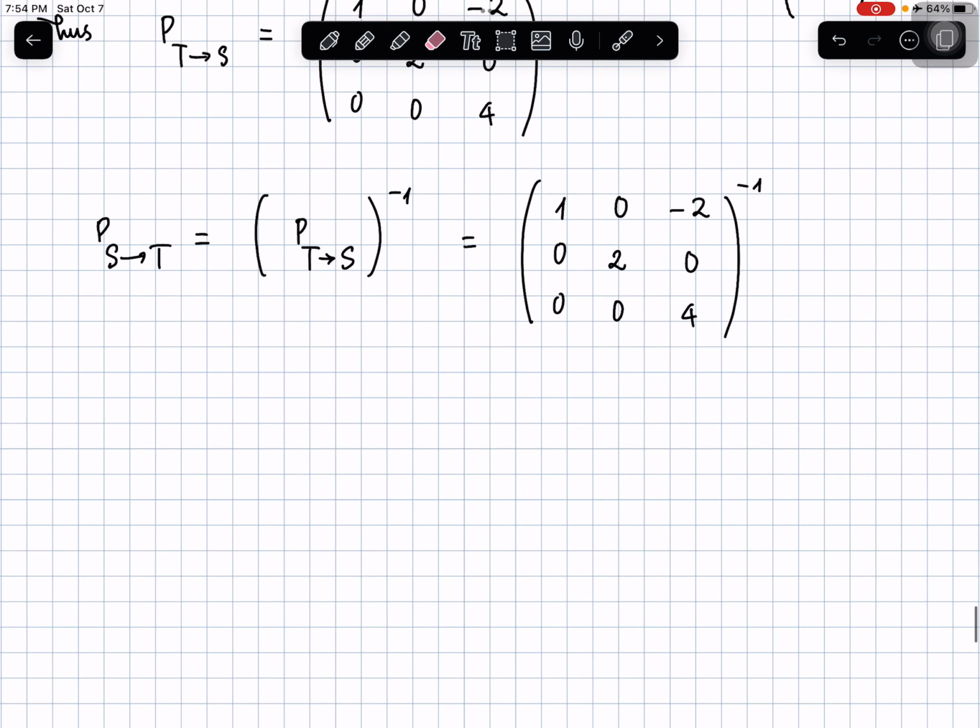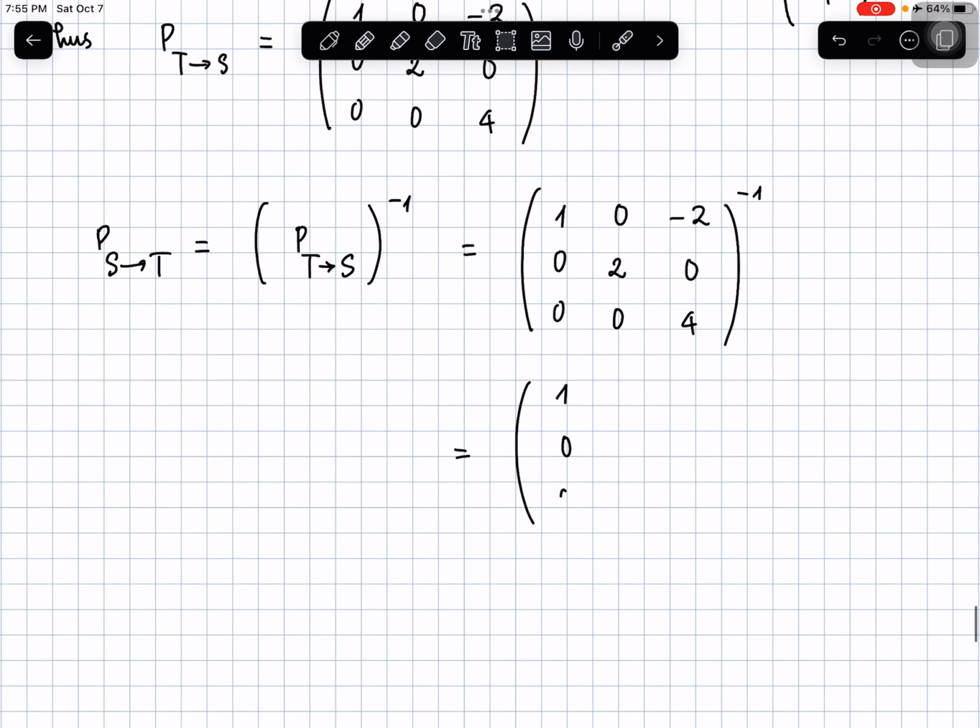We can do it by any of the methods we know from the last chapter. So what is this? This is 1 0 0, 0 1/2 0, 1/2 0 1/4.